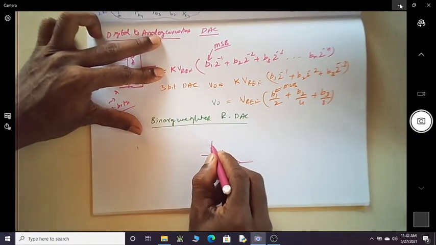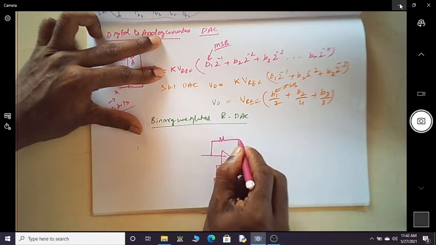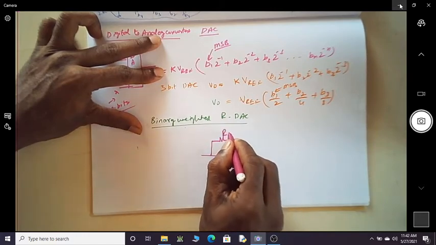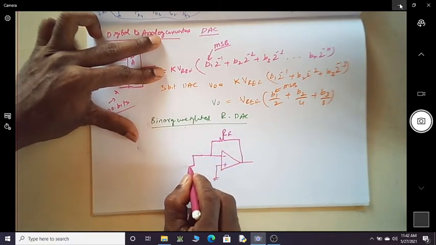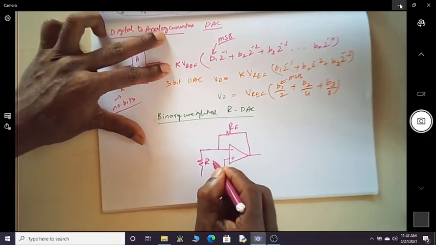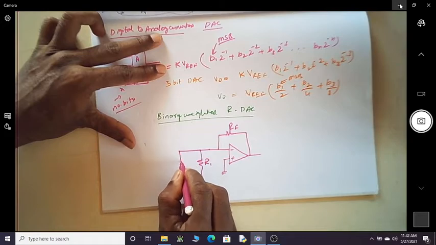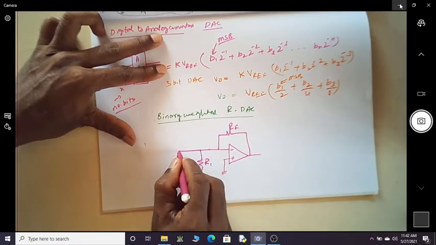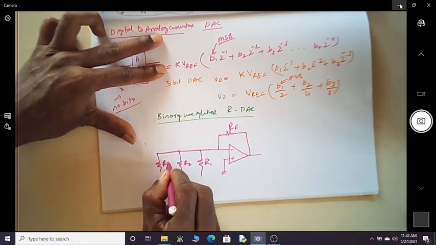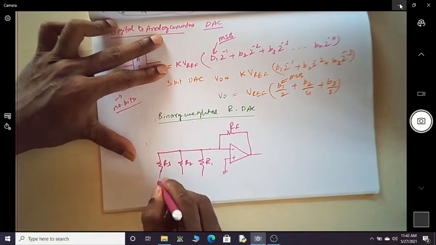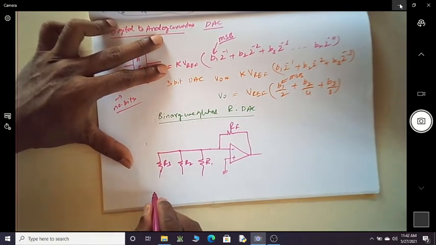I'm going to have this as my feedback resistor RF, and I'm going to have a resistor R1, one more resistor R2, and one more resistor R3. So let me have the V reference here.